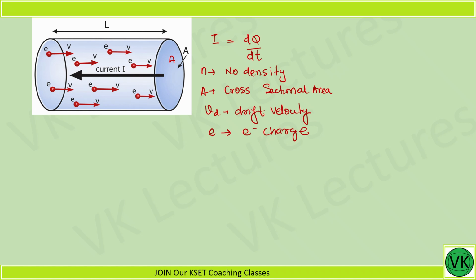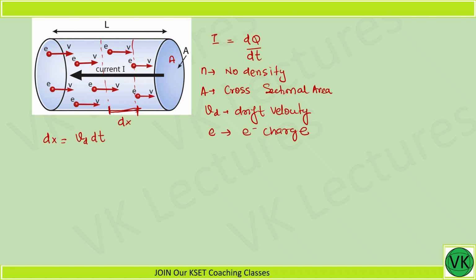So assume that dx, this much distance, is being covered by the electron. In this dx, here we have some amount of electrons. Now dx is equal to the distance, vd, the drift velocity, times dt.